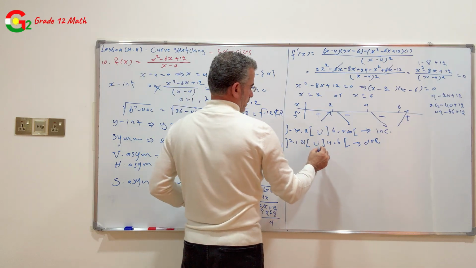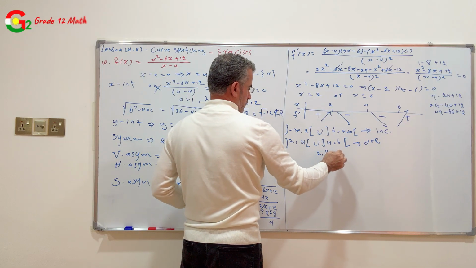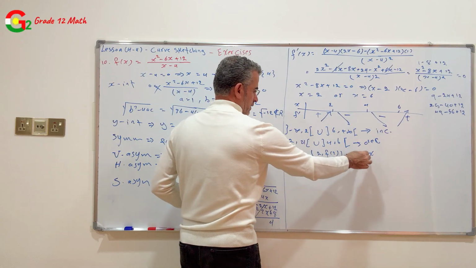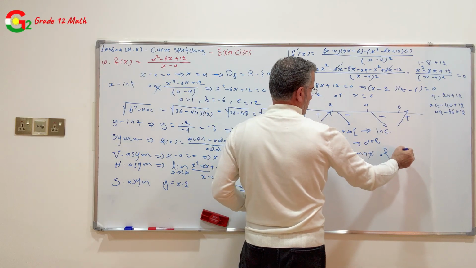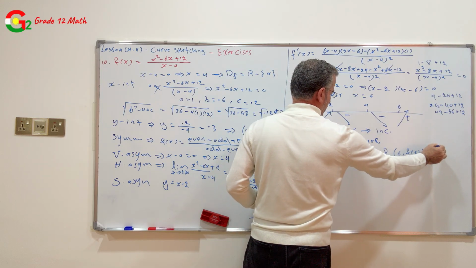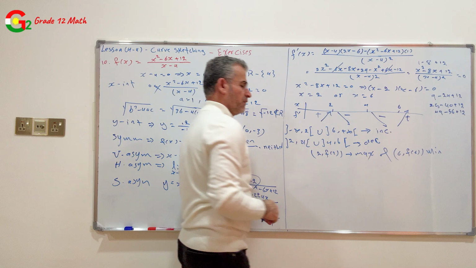And f of 2 is a local maximum value for this function, and f of 6 is a local minimum value for this function.